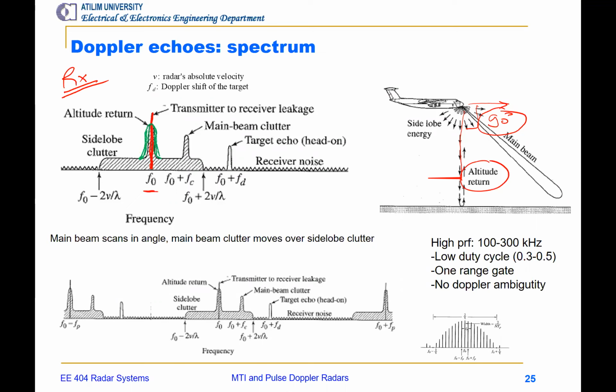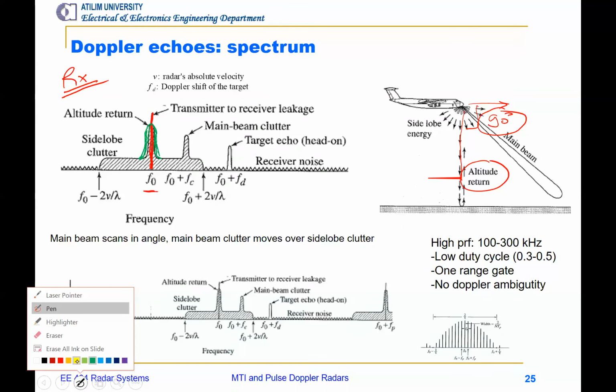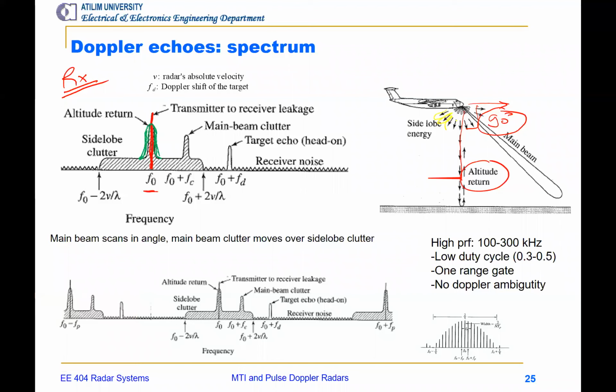And there are side lobes, as we said earlier. Here we see some side lobes. Side lobes will be emitting energy into the space, into the Earth, and there may be echo signals from the Earth, but not at 90 degrees.